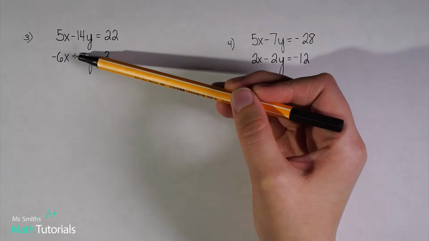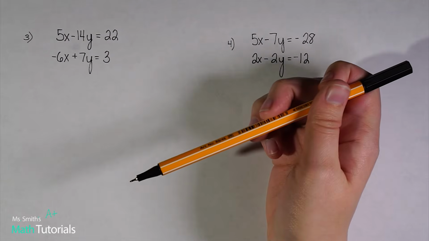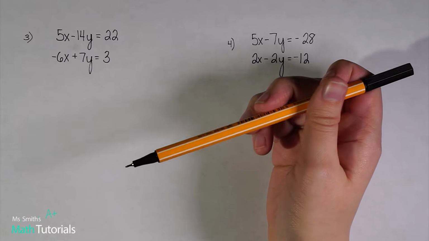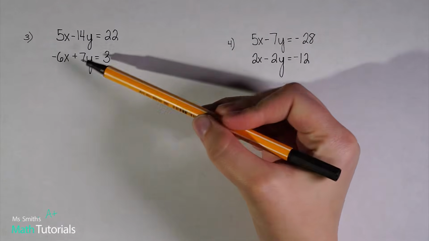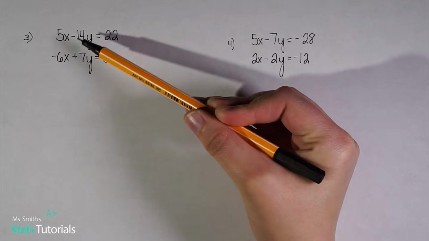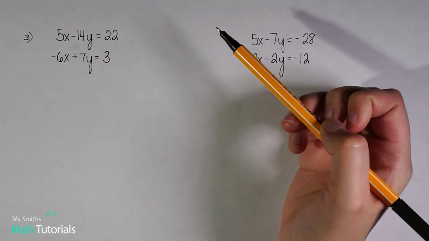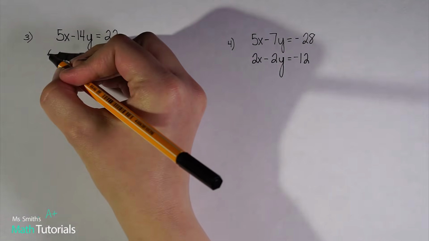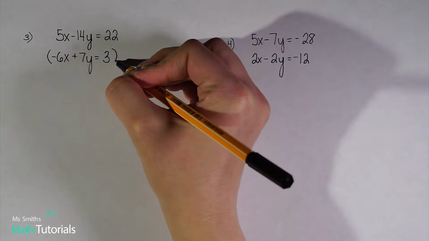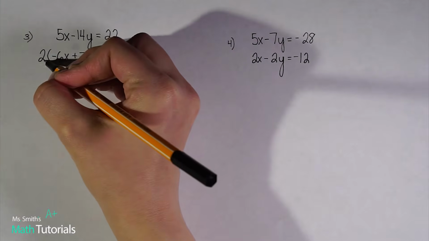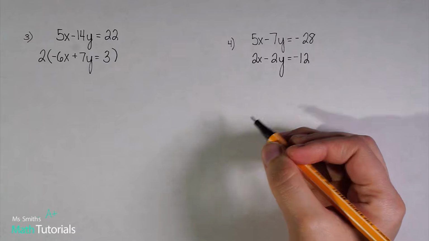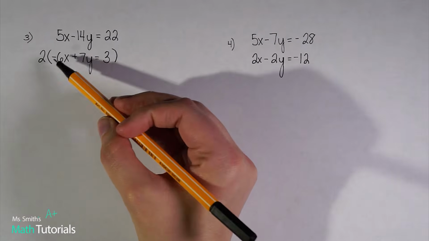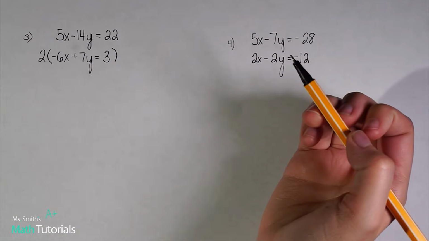These two are already opposite signs, so I don't need to worry about changing the sign, only changing the number. So if I did 7 times 2, that would give me 14. So what I can do is multiply this entire bottom by positive 2. Now that's not only going to change a 7, but it's going to change every single part of this.